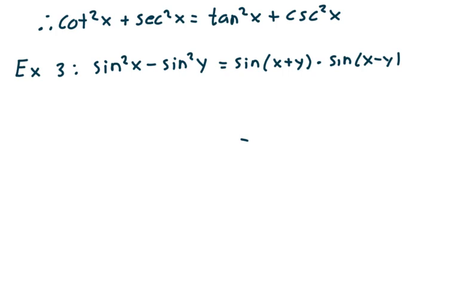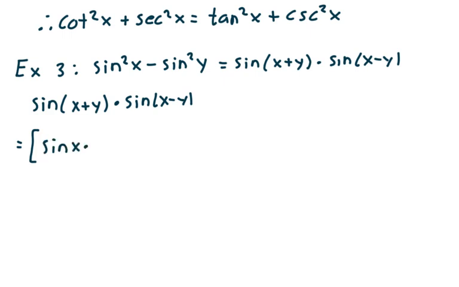Now, believe it or not, I'm going to start with the right-hand side this time. So I'm going to take sine of x plus y, and multiply it by sine of x minus y. So this is sine x times cosine y plus sine of y times cosine x. That's the first factor here.